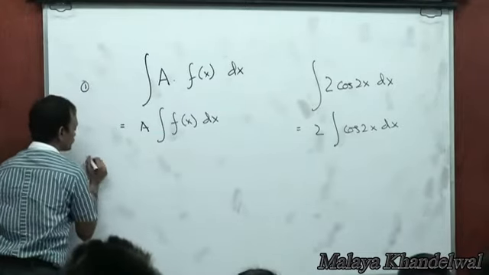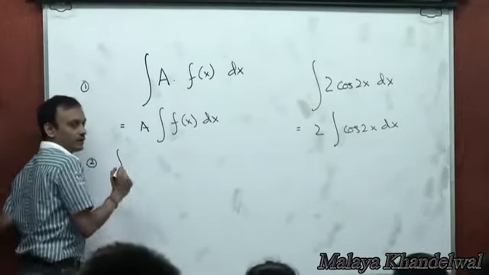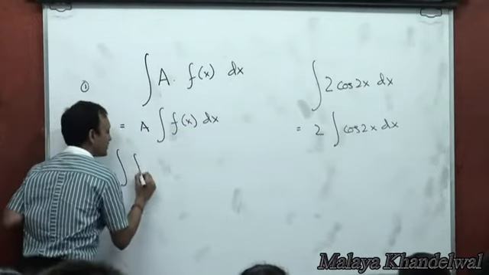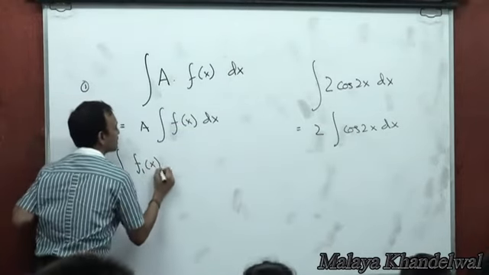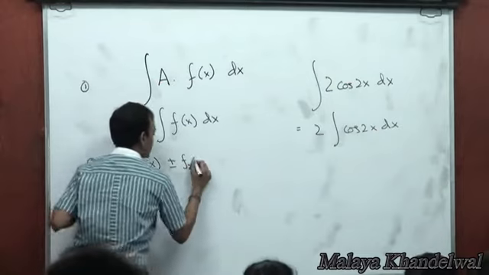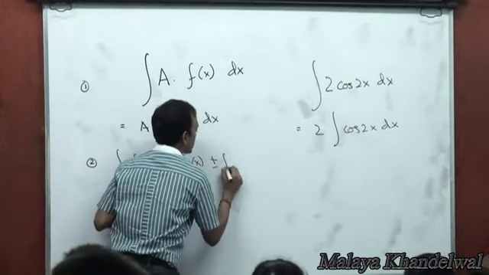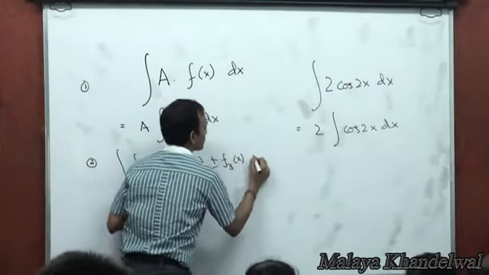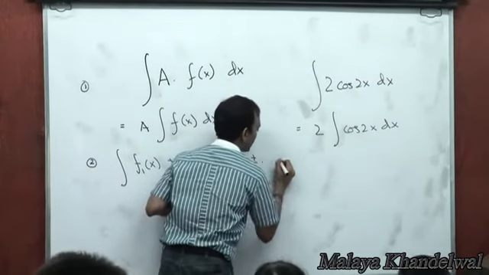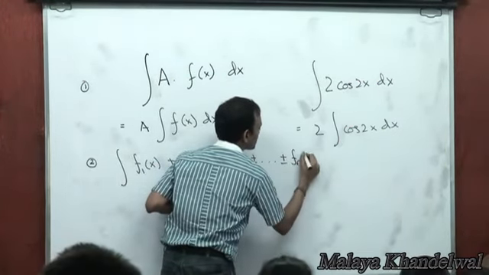Rule number 2. Integral of the sum or difference of several functions. Let's say f1(x) plus minus f2(x) plus minus f3(x) plus minus fn(x).